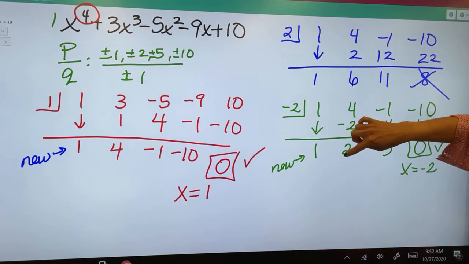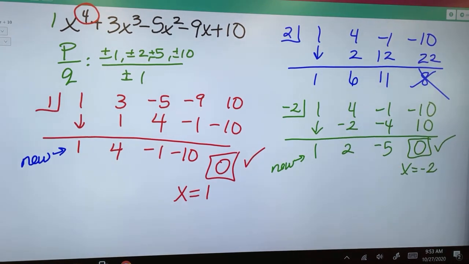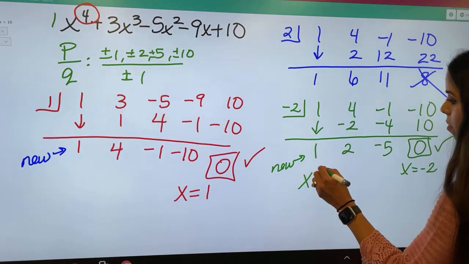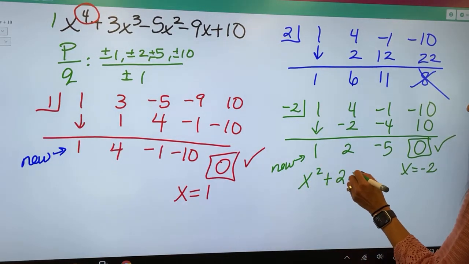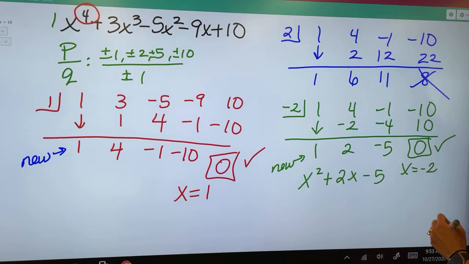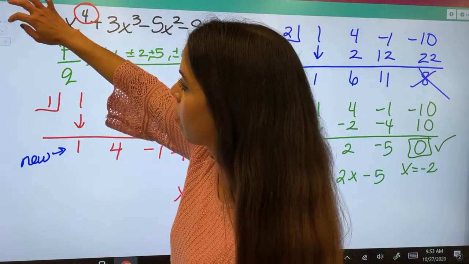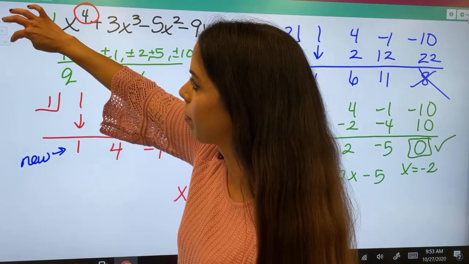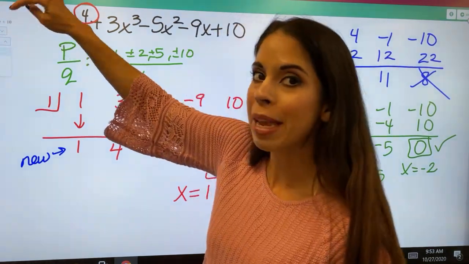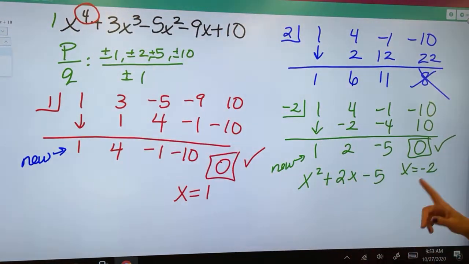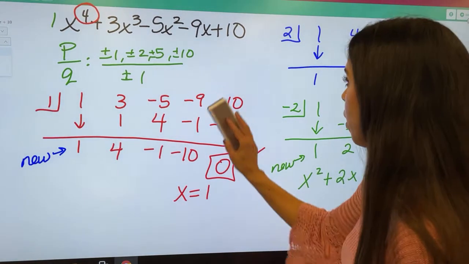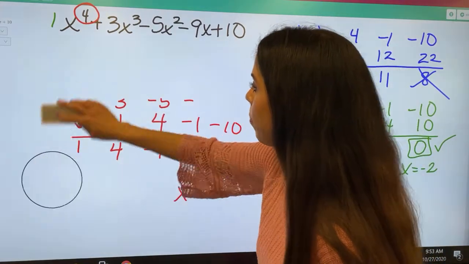Every time we find a root, we divide it down an x. So now this is a 1x squared plus 2x minus 5. And it's not going to be factorable because if you look at the drop-down menus that are left, they're decimals. So that means that they must have used the quadratic formula to find the rest of the solutions. So I'm going to erase this because it's in my way.